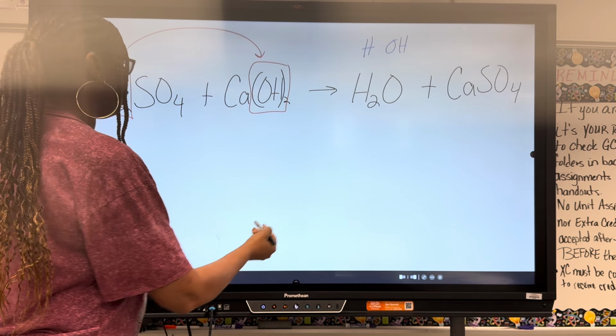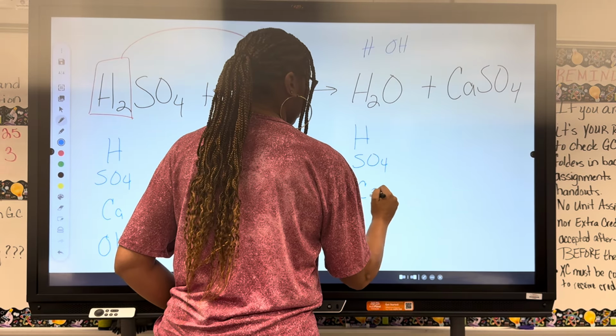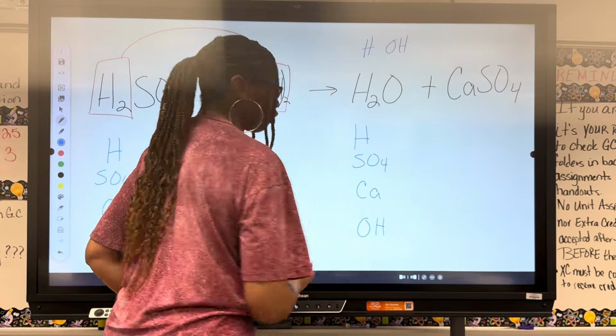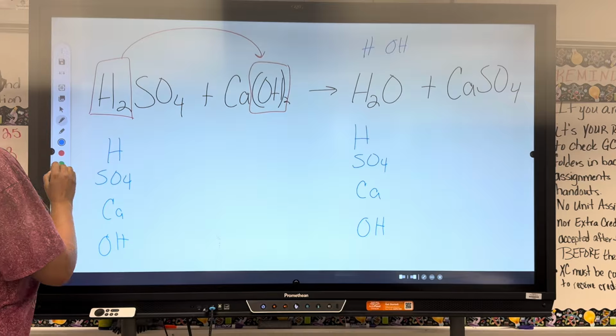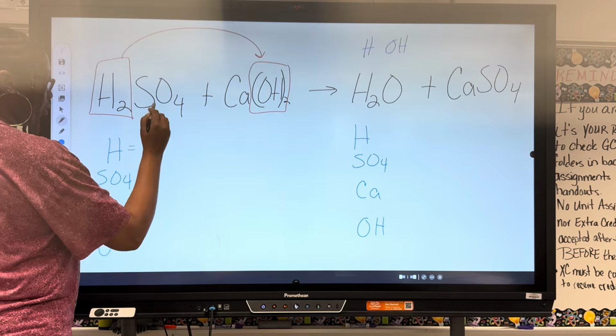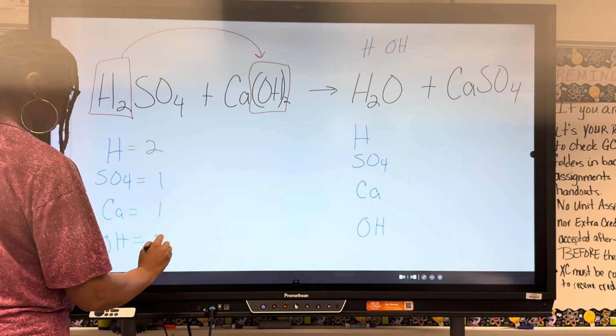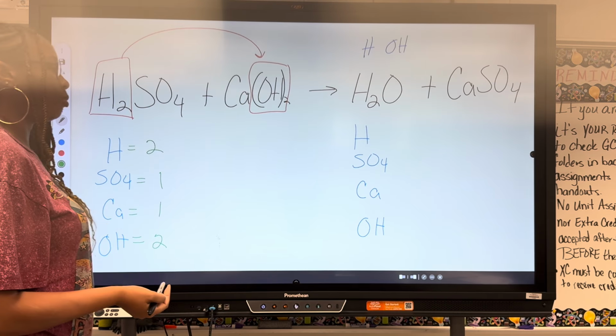I'm going to do the same thing over here: hydrogen, sulfate, calcium, and hydroxide. And then I'm going to count how many of each one I have. There's 2 hydrogens, 1 sulfate, 1 calcium, and 2 hydroxides in my reactants.